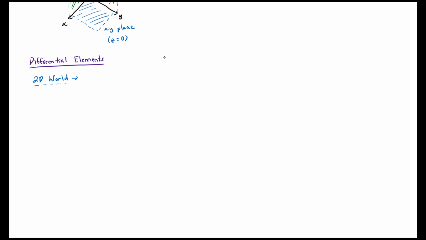So in the 2D world, we had dx and dy for the xy plane. That meant if you were trying to integrate something or derive something, you would take a really tiny step.